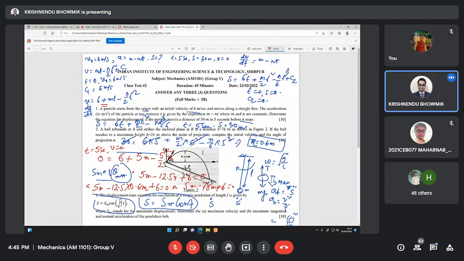So m equal to minus 2.4, n equal to 0.4 multiplied by this, minus 1.44.